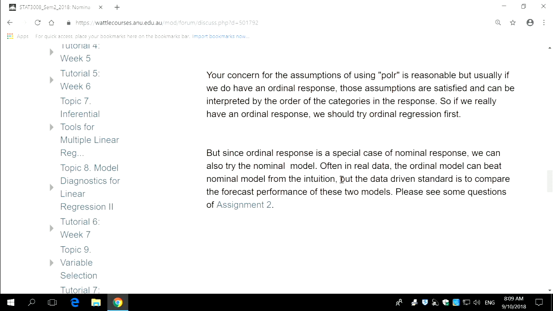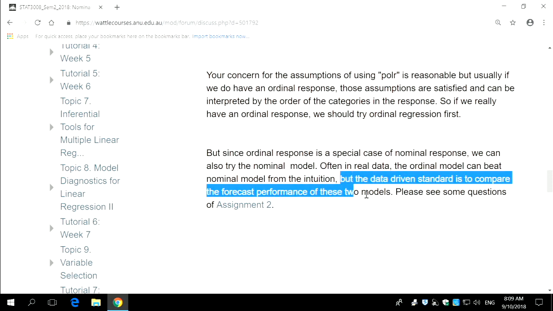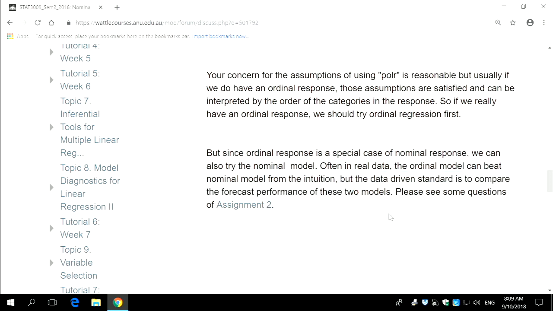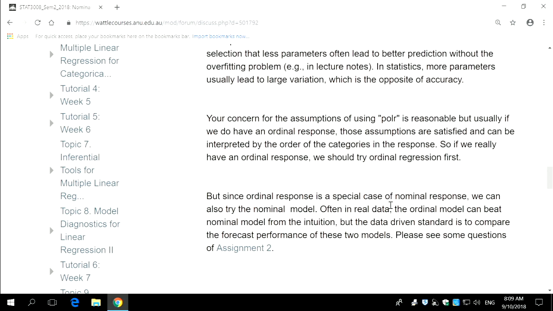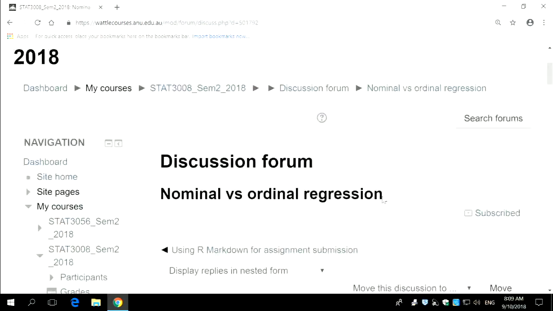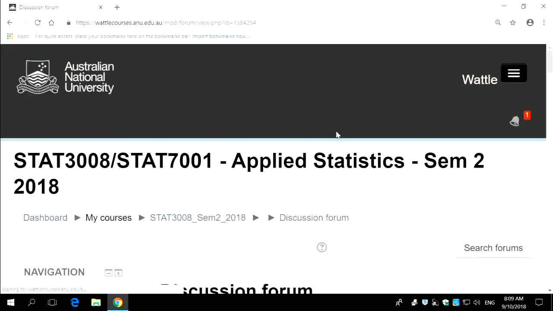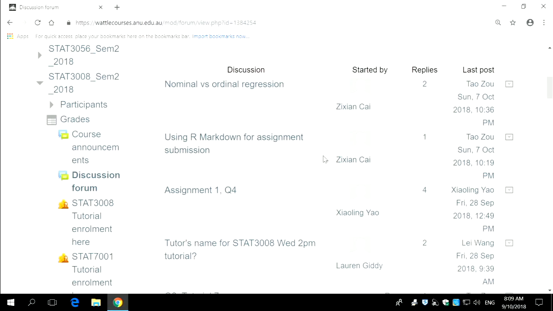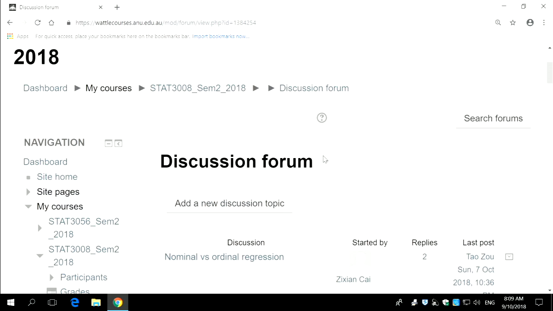But in real data analysis, you actually need to compare the forecast performance of these two models. You can get some intuition from some questions in assignment 2 to compare the forecast performance of the nominal model and the ordinal model. So that's a question from the discussion forum, and I think this question is really good.